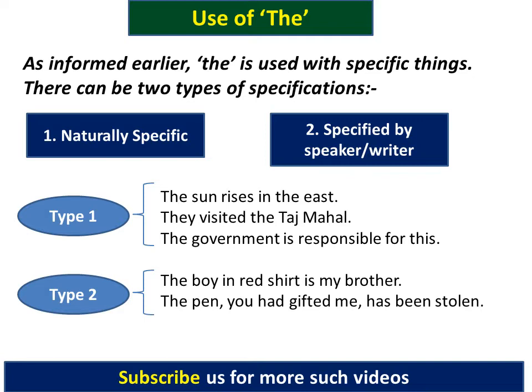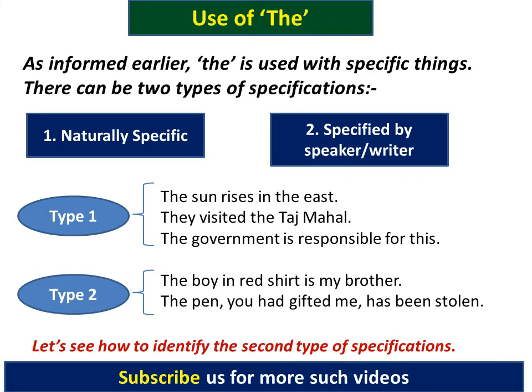I'm talking about a specific boy who is in red shirt. Similarly, in the second sentence, the pen you had gifted me has been stolen. Here I'm not talking about a general pen. I'm talking about the pen that you had gifted me. So I have actually specified it.